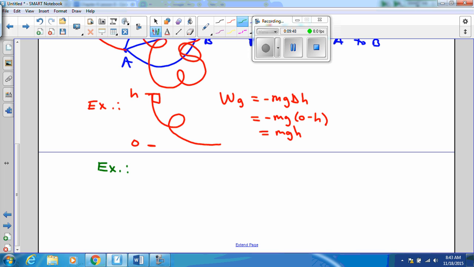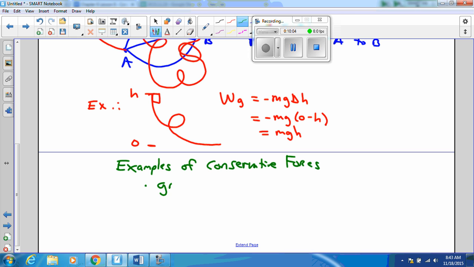The big three that we're going to encounter, examples of conservative forces, are going to be gravity, certainly. Are going to be springs, spring force.